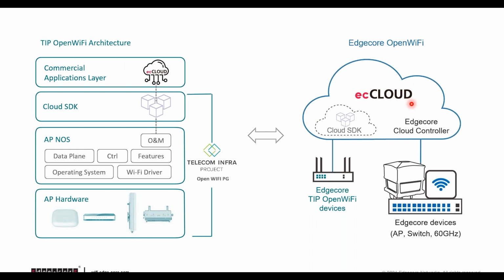You can manage the existing enterprise access points and switches, and also we have a broadband millimeter wave CPE solution. And at the same time, I think the important thing is you can manage Edgecore TIP OpenWiFi devices. So it provides one more choice to the customers.